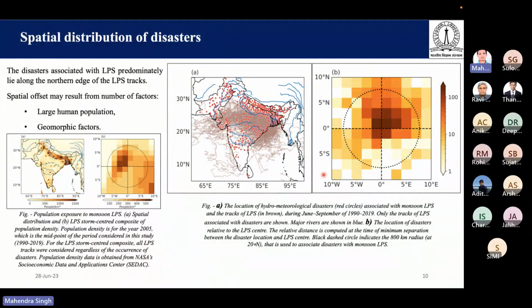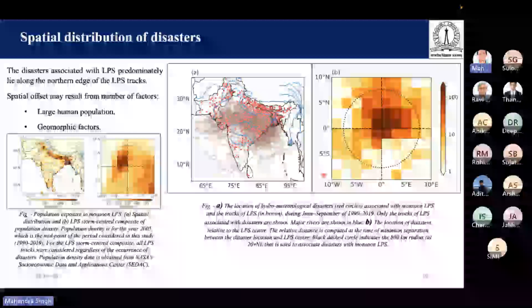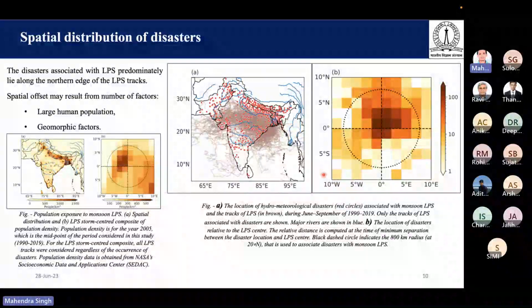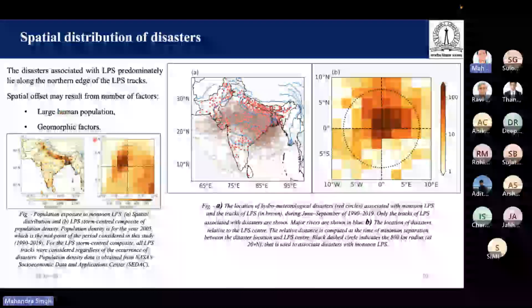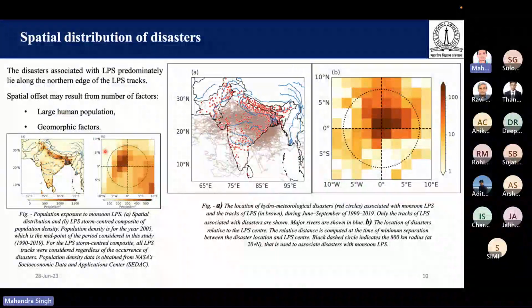They have explained that there could be several reasons, but the major reasons could be two things. The first one is the large human population, and the second one is geomorphic factors.